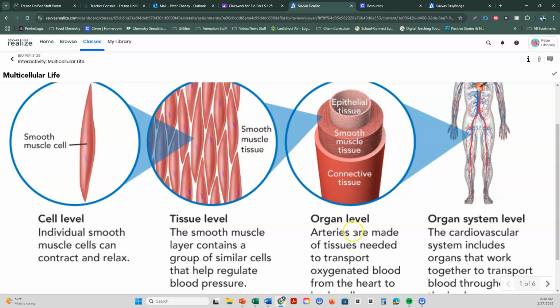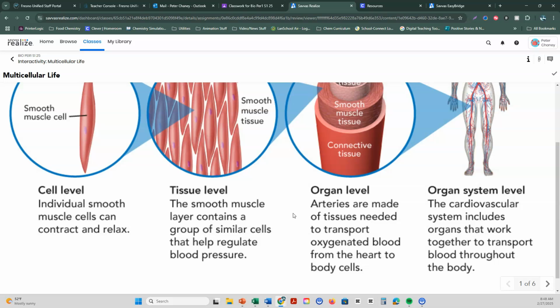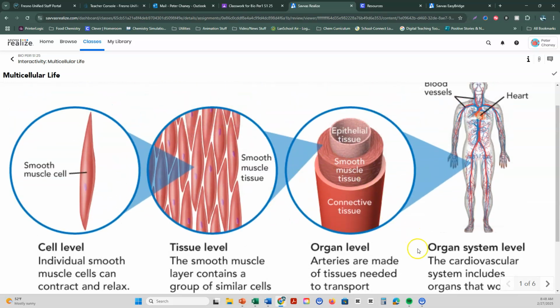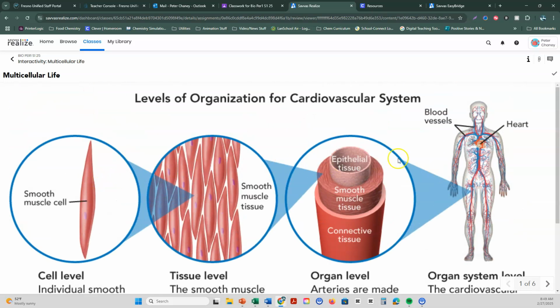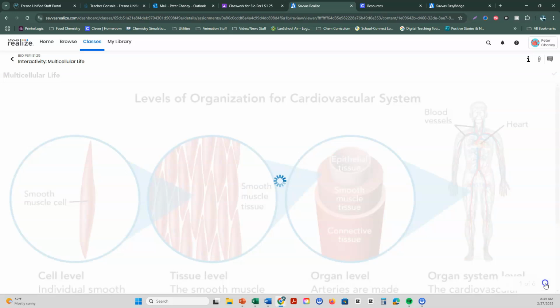Then we go to the organ level. Arteries are made of tissues needed to transport oxygenated blood from the heart to the body cells. And lastly, we have the organ system level. In this case, the cardiovascular system includes organs that work together to transport blood throughout the body. So those are the different levels: cells, tissues, organs, and then organ systems.